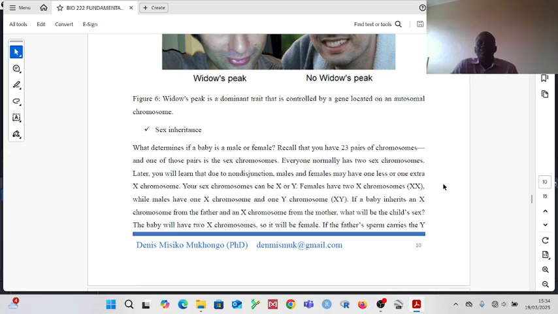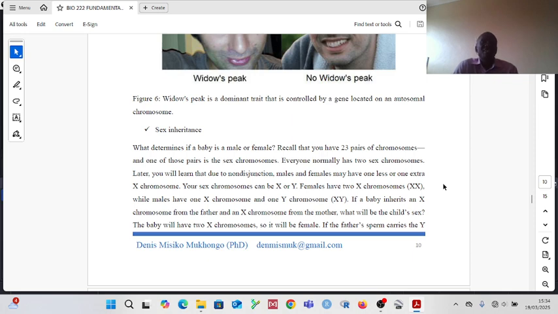We mentioned that when you have two X chromosomes, that's XX, that is female. Then when an individual has just one X chromosome and another Y chromosome, that becomes a male. So if a baby has inherited an X chromosome from the father and an X chromosome from the mother, that child will be a female.